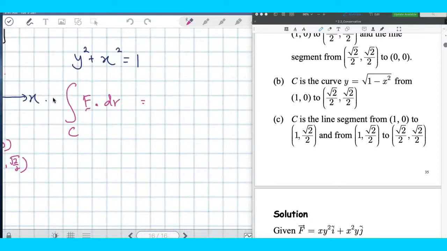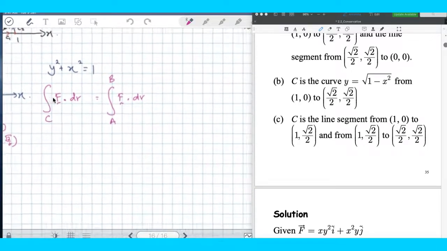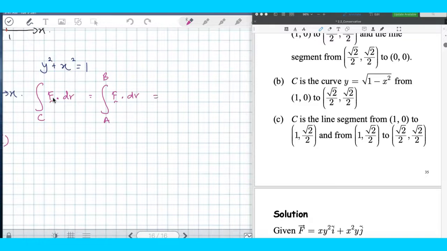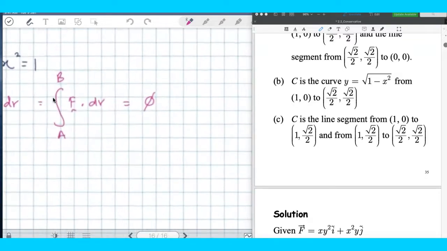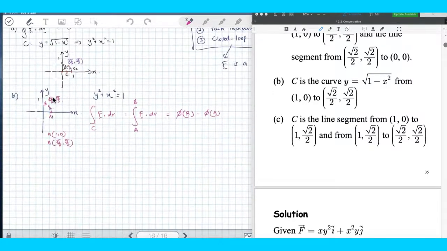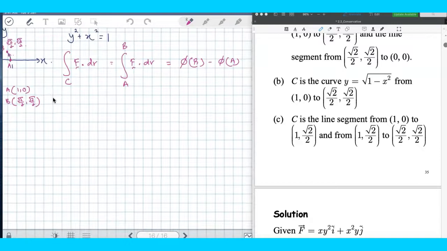Okay, so now f dot dr from A to B. So we need to find the scalar potential function, evaluate it at B, minus the scalar potential function at the point A. But in this case, you need to find the scalar potential function.